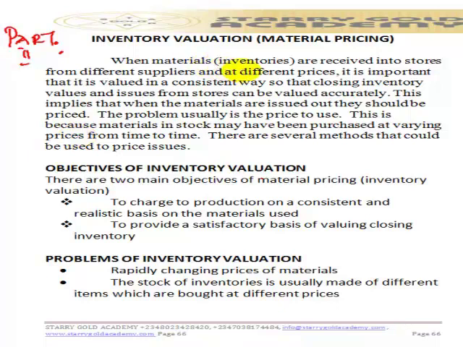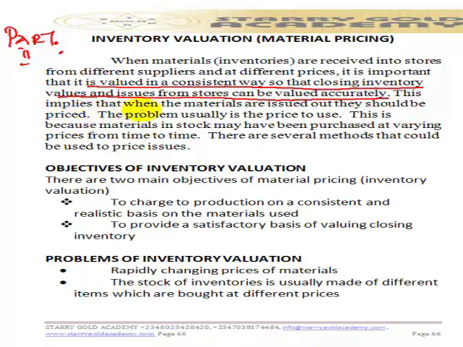When materials or inventories are received into stores from different suppliers and at different prices, it is important that they are valued in a consistent way so that closing inventory values and issues from stores can be valued accurately.